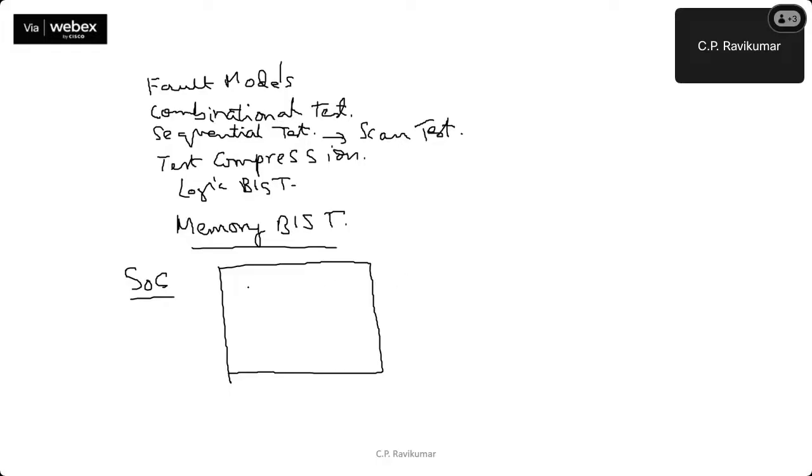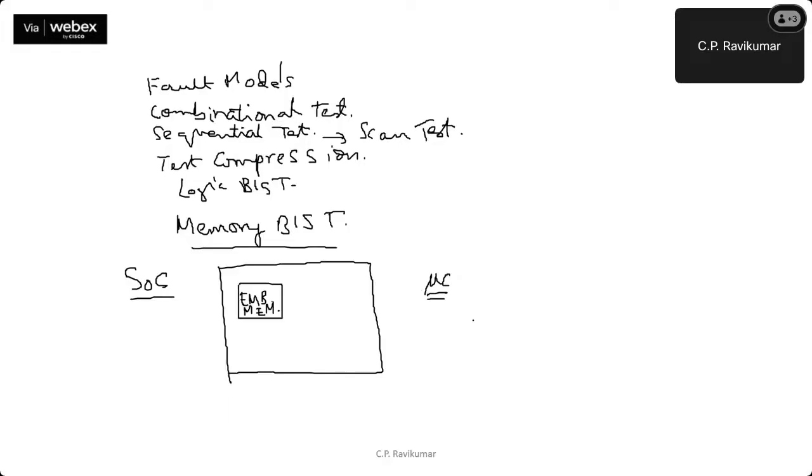Today, quite a bit of memory is already on the chip. These are called embedded memories. Especially in microcontroller based systems, it is very common to find embedded memories.